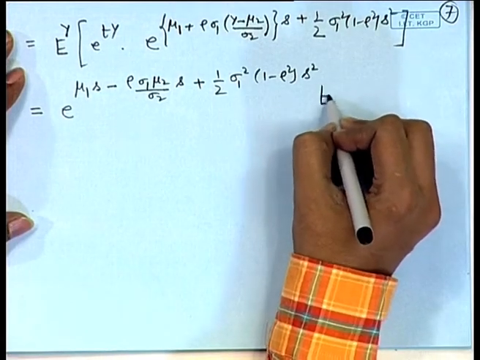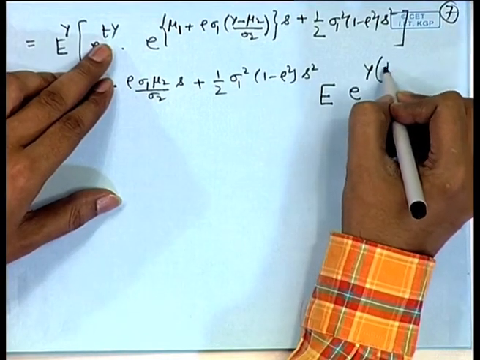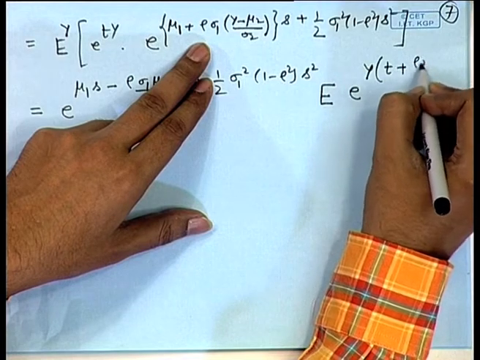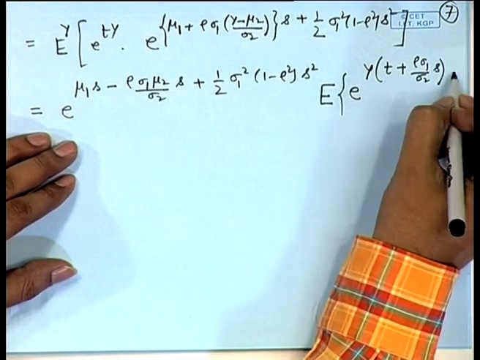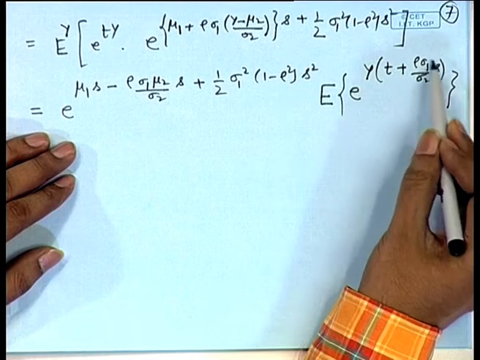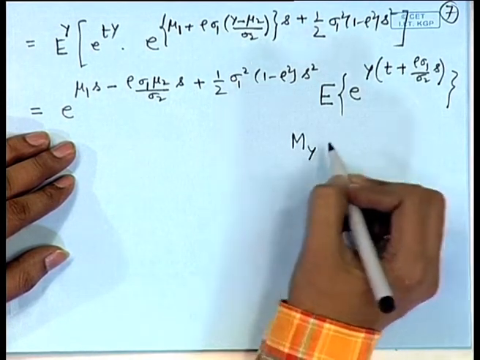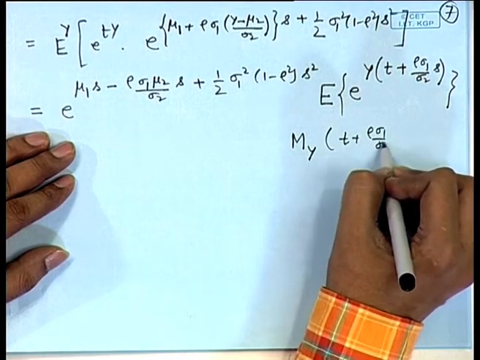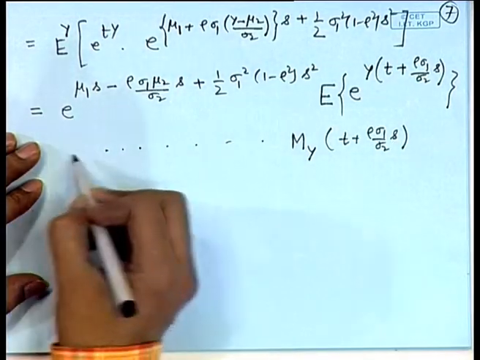We have expectation of e to the power Y times (t plus rho sigma 1 by sigma 2 s). So, we notice here that this is nothing but the moment generating function of Y at the point t plus rho sigma 1 by sigma 2 s.